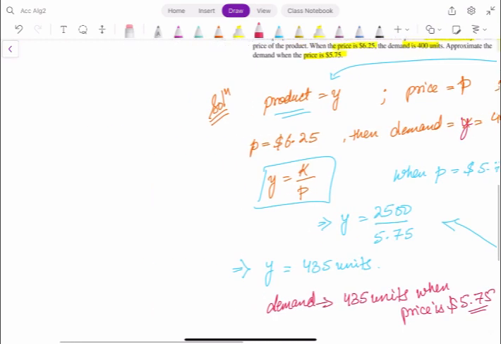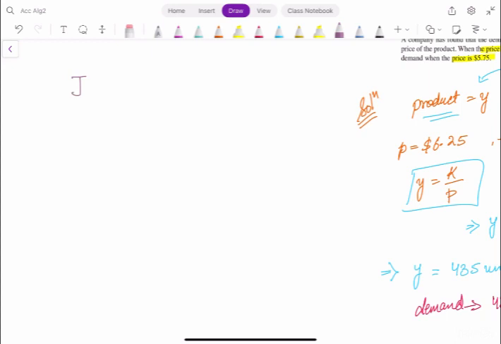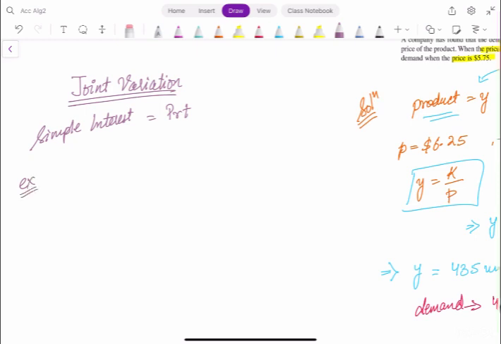There is another thing in this chapter that is called the joint variation. Joint variation happens when we are talking about more than two variables, because we have a constant and two variables. The simple example is simple interest, because in simple interest we have P, R, T: principal, rate, and time.